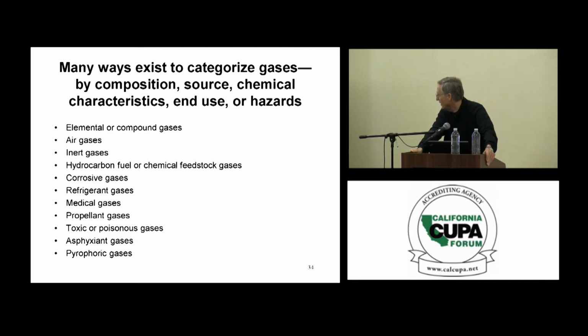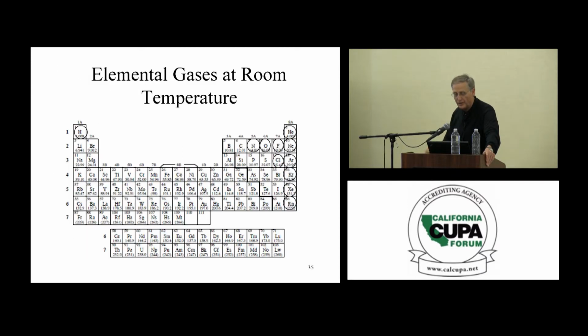Nitrogen is an air gas. It's also categorized as an asphyxiant gas, and it's also categorized as an inert gas. So the point I'm making is this isn't really a great system. I'm going to talk a little bit about how to categorize gases, but there are a lot of different ways, and certain gases can fall under multiple categories.